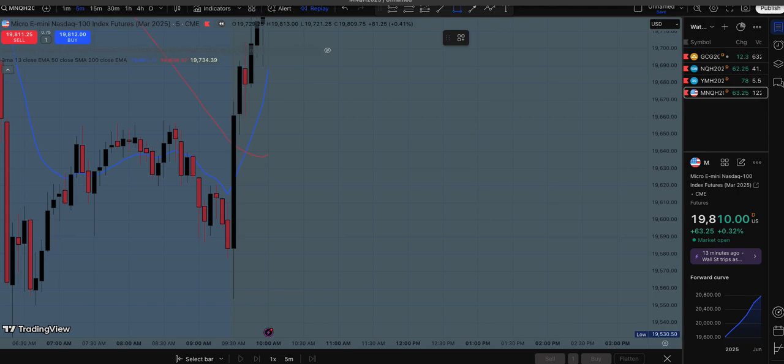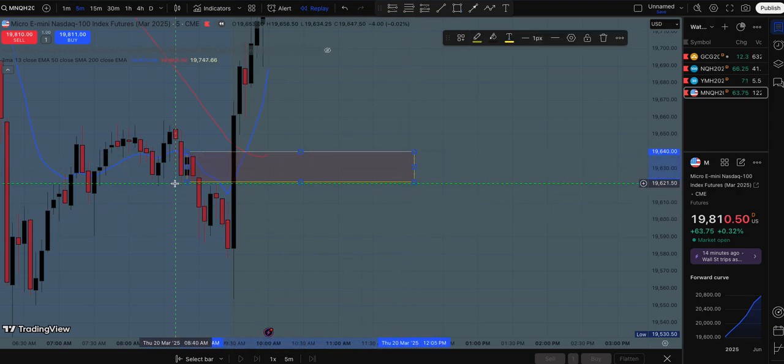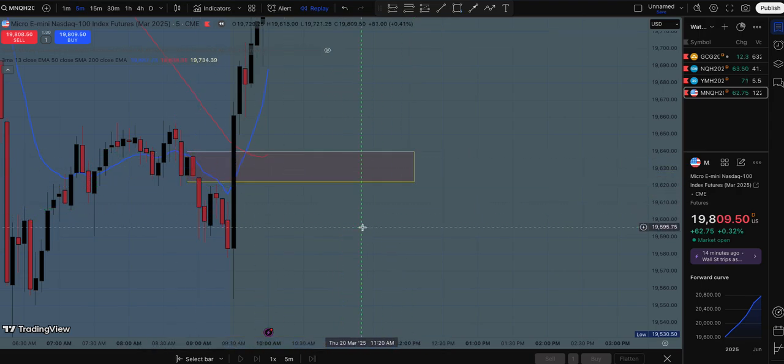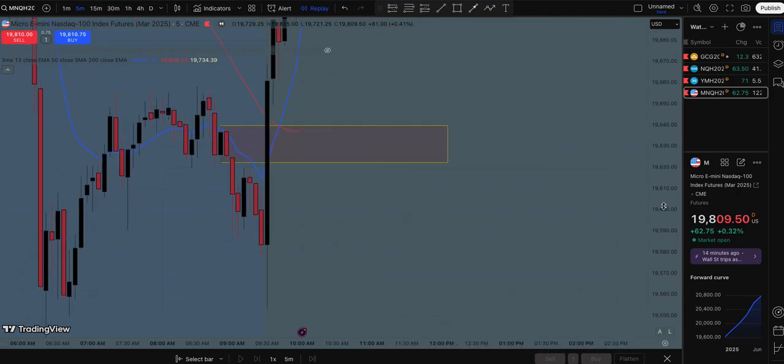I look for the last up candle before a momentum down candle. So I identify this supply and mark it out, from the bottom wick to the top. I know how to trade, so I have to explain certain things.